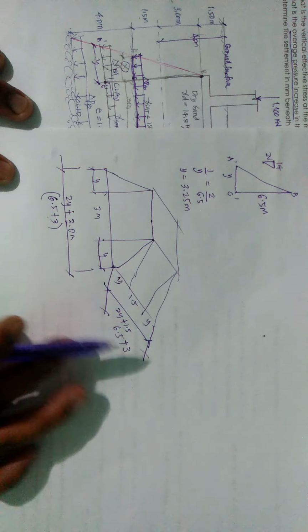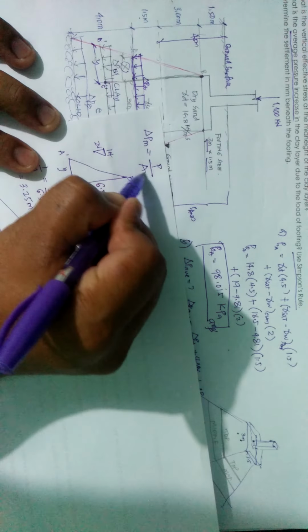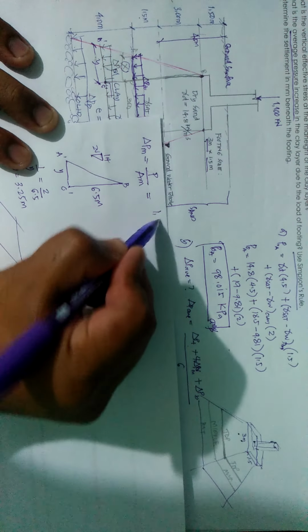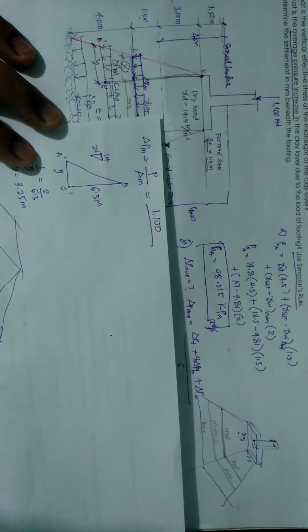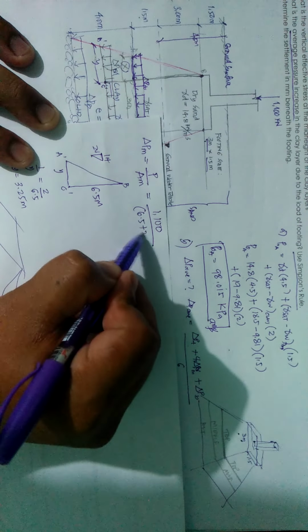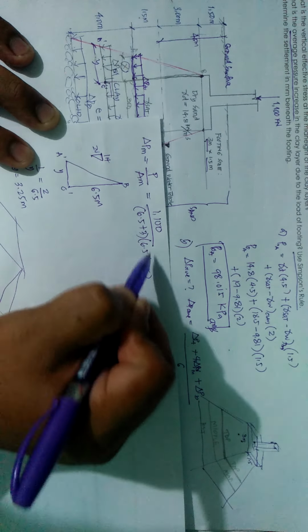So, itong portion na yan, 6.5. So, mangyayari, change in P equals P divided by area at middle, 1,100 kilonewton divided by 6.5 plus 3 times 6.5 plus 1.5. Okay?